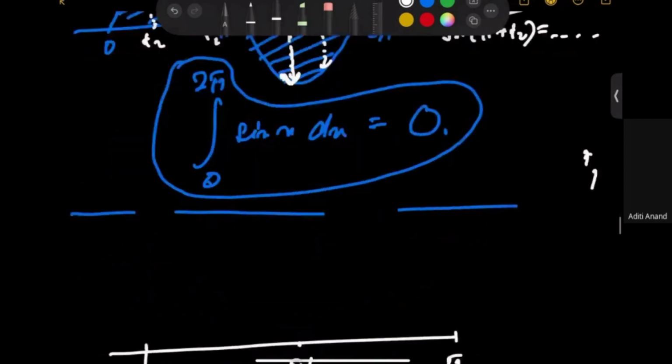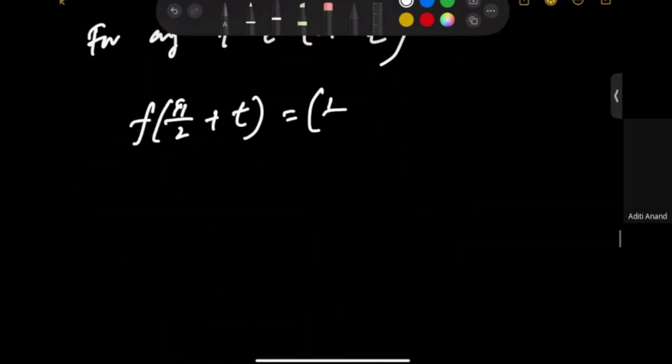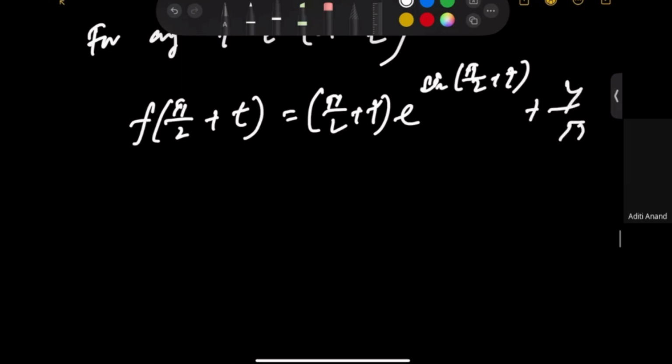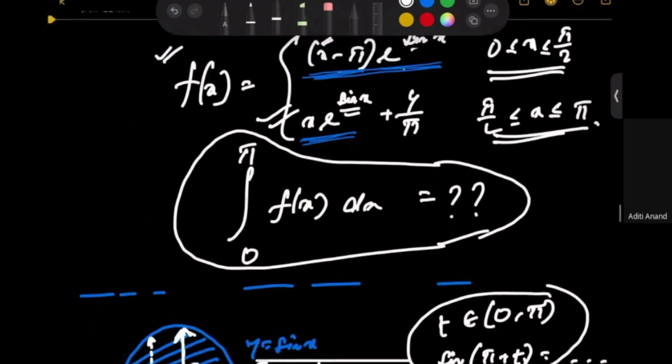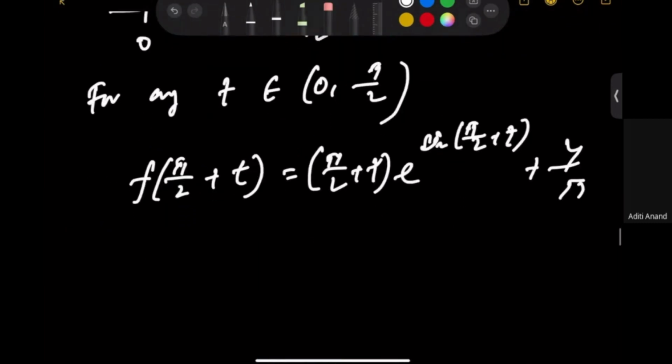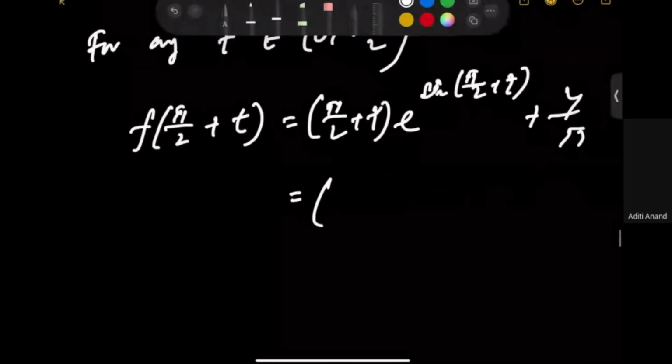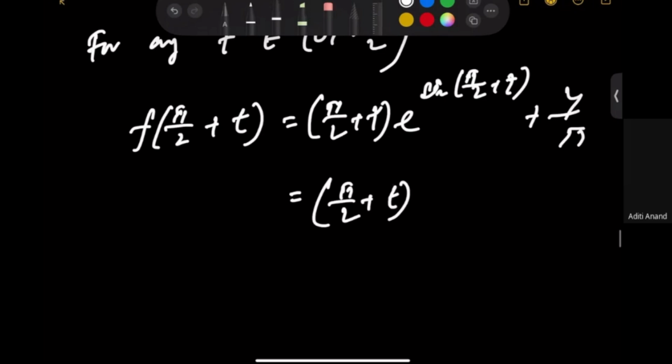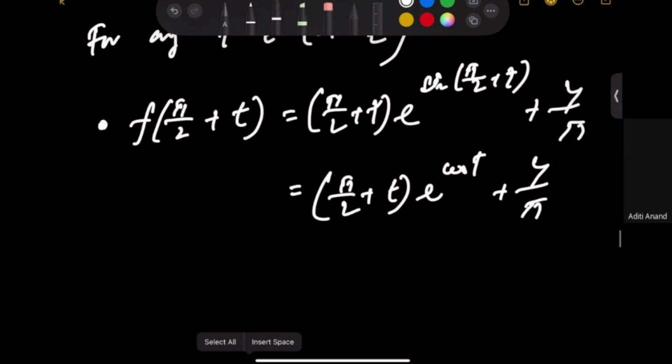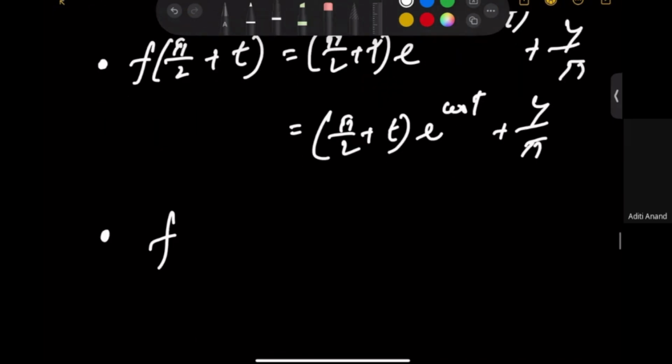It will be pi by 2 plus t, e to the power sine of pi by 2 plus t, plus 4 by pi. That is nothing but pi by 2 plus t, e to the power cos t, plus 4 by pi.